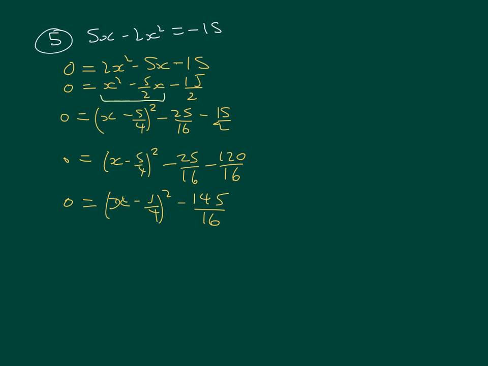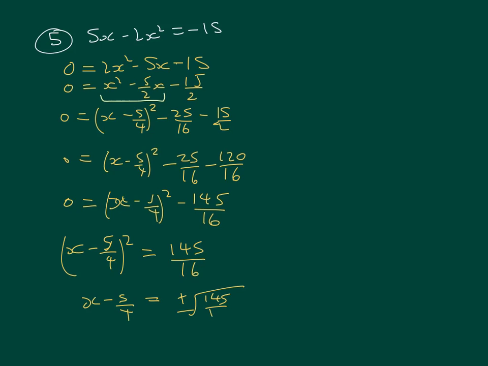Then rearranging and solving for x, so I'm going to have x minus 5 over 4 all squared equals 145 over 16. Square root it, x minus 5 over 4 equals plus or minus the root of 145 over 16. And just keep going.